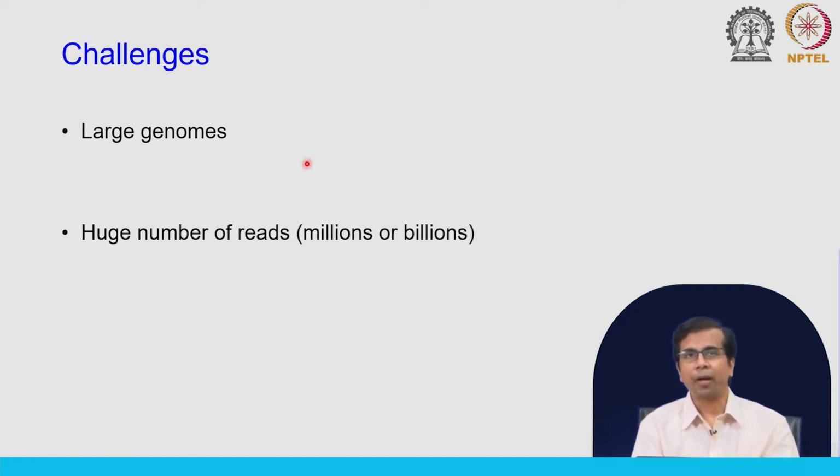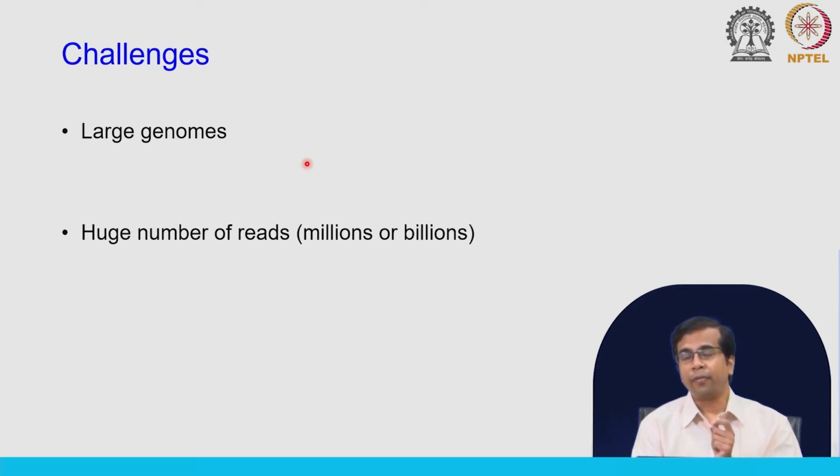Then you have a huge number of reads. When we were discussing NGS technologies, we looked at the throughput, the number of bases that we get from each experiment in those platforms, and these reads are in millions or billions. In today's experiments you can get billions of reads quite easily.